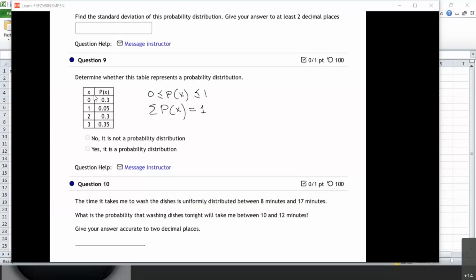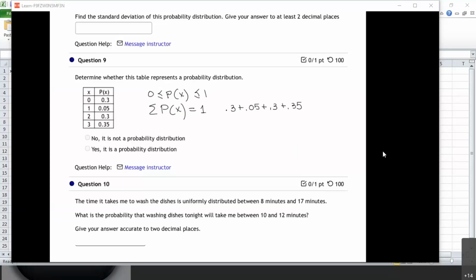Well, looking quickly at this column, I'm not seeing anything that's problematic as far as individual probabilities. So all I need to do is check the last part, check that 0.3 plus 0.05 plus 0.3 plus 0.35. What does that equal? If you take a look at 0.05 and 0.35, that's 0.4.